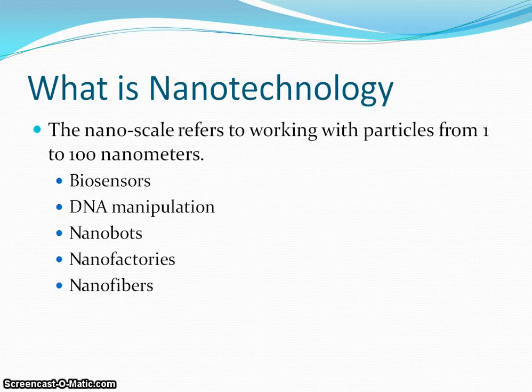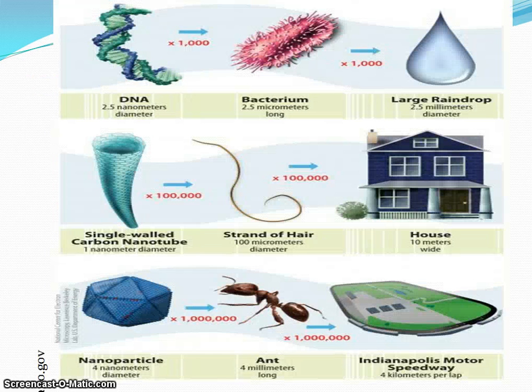Okay, so a couple different things that you'll find if you're ever looking into nanotechnology are going to be biosensors, DNA manipulation, nanobots, nanofactories, and nanofibers. I will get into those in a little bit, but first, I want to show you the different sizes of nanotechnology.